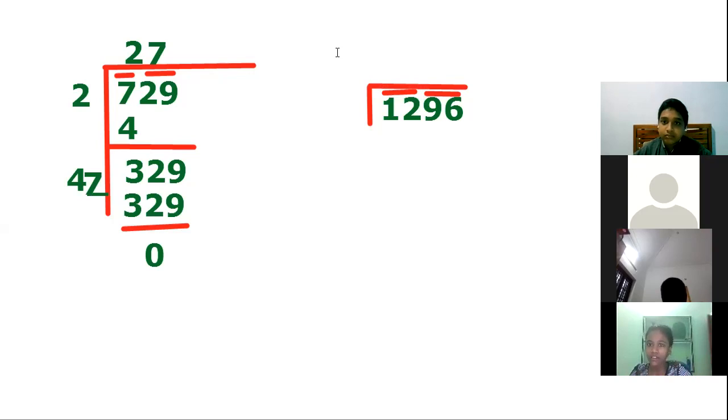That is, 9 means 3 square and 16 means 4 square. Among 3 square and 4 square, we have to choose the smaller number, that is 3.